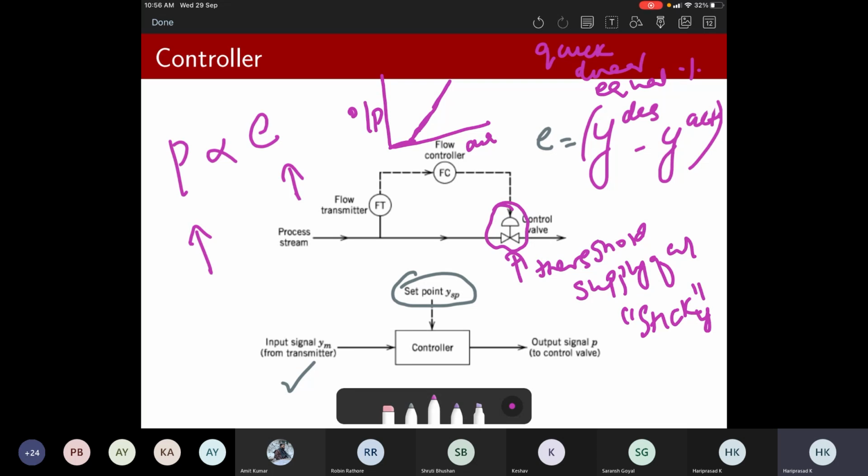Quick opening means that for a smaller change of air there would be a larger output, and equal percentage would go the other way around. So there are three cases which we will of course learn. But what I am trying to say is you probably need to apply sufficient threshold.